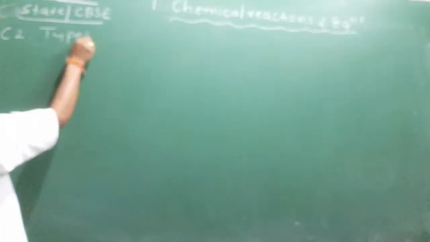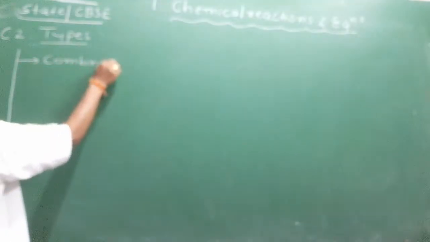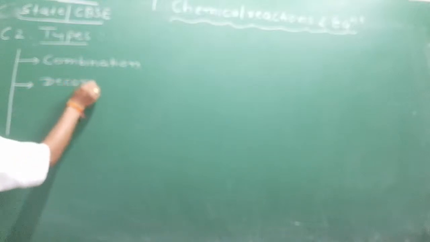We learnt in the previous class types of reactions, right? In the types of reaction, we already completed combination reaction, different types of combination reaction. You recall them. I will take questions now. Then decomposition reactions. Be ready with the study. I will ask you questions, give you multiple choice questions, competitive exam questions.